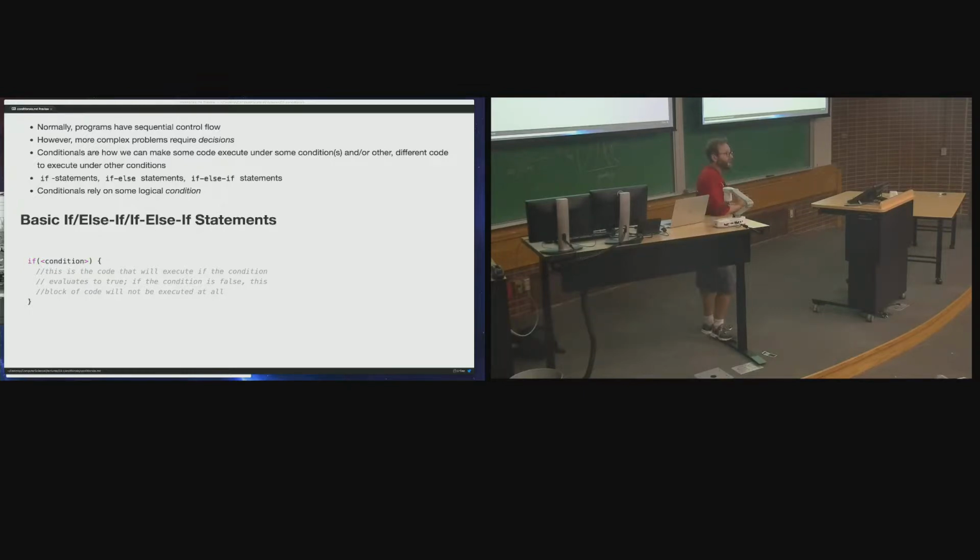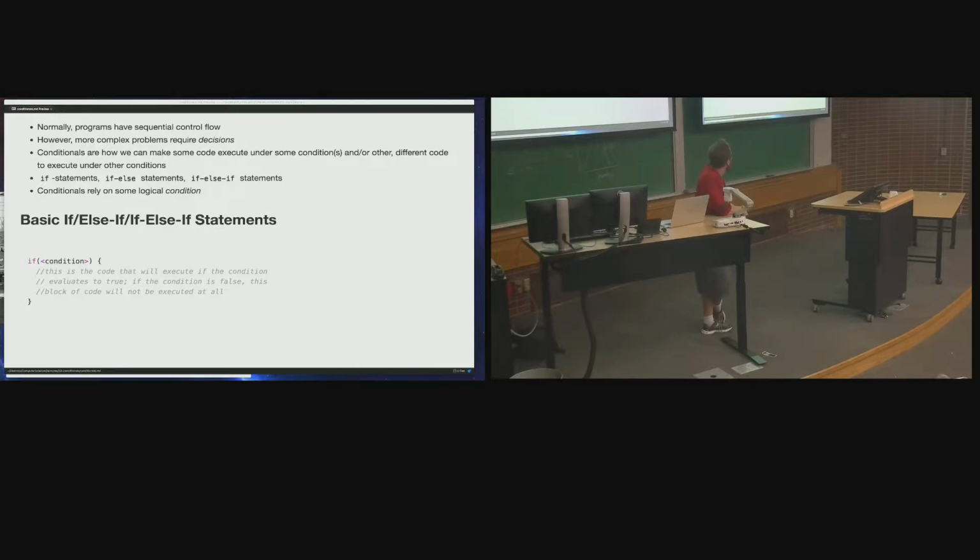You use the keyword if, and then you put your condition into parentheses. Those parentheses are part of the code. The less than and the greater than and the condition word there, that's not real code. That's a placeholder for when we actually put in a real condition.